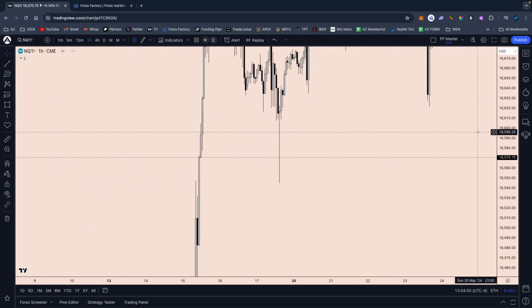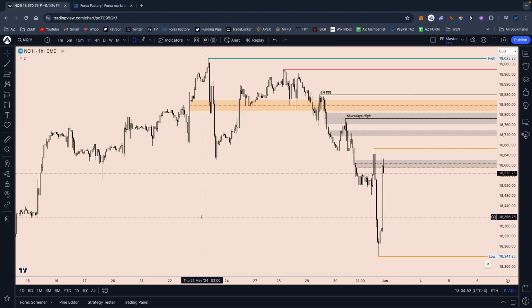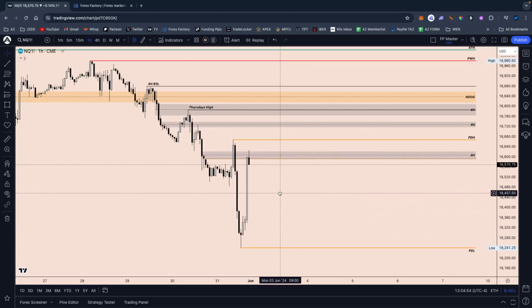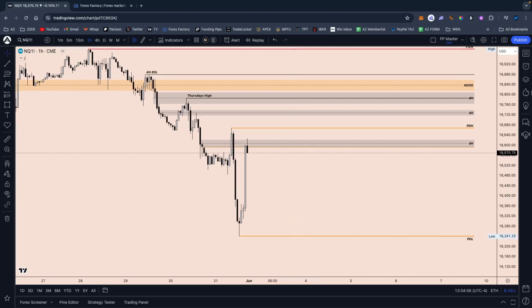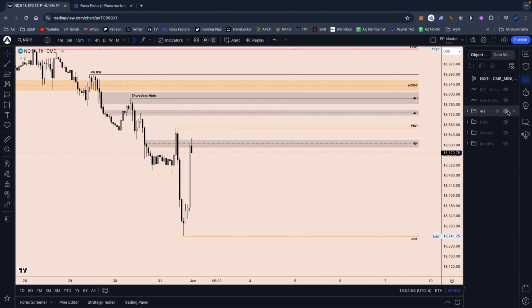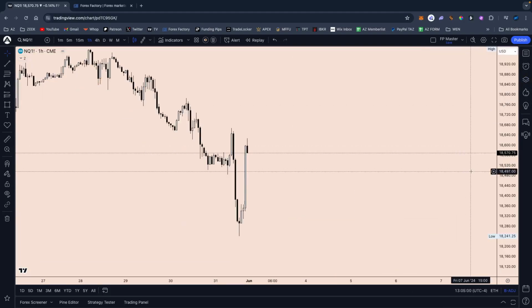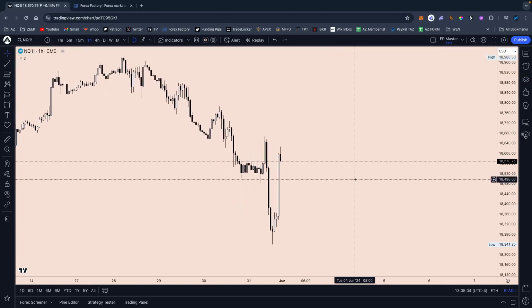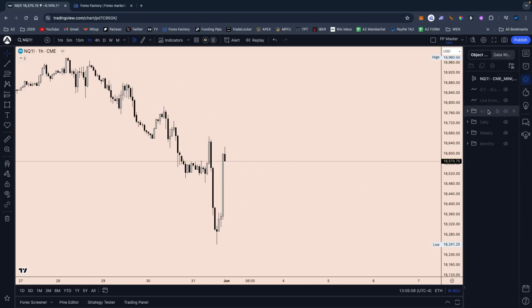Now everything's nice and tiny. Now we can hide that stuff and look at the hourly. Most of the things on the hourlies actually stay the same. Let's leave it for the 4 hour time frame.